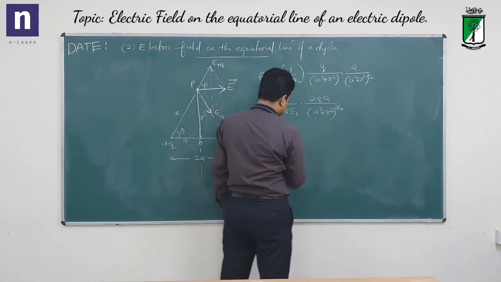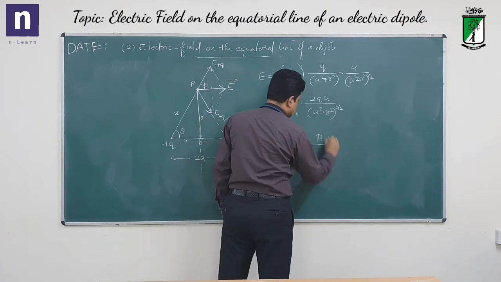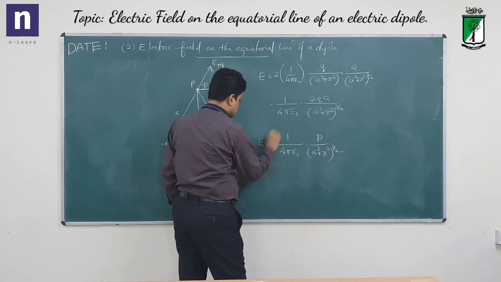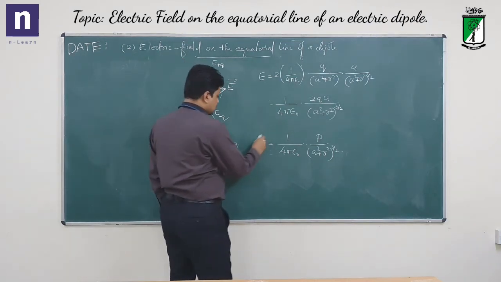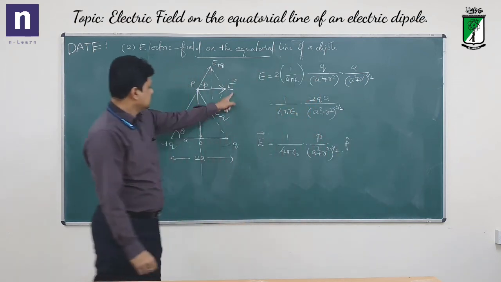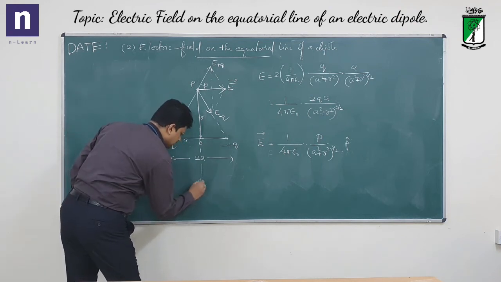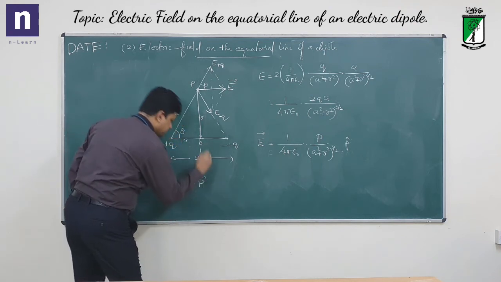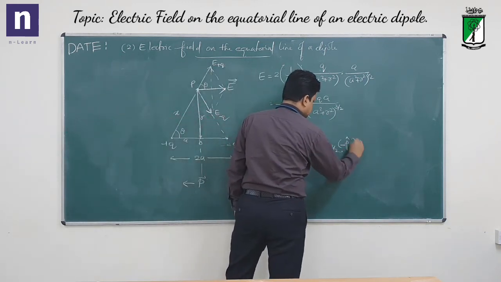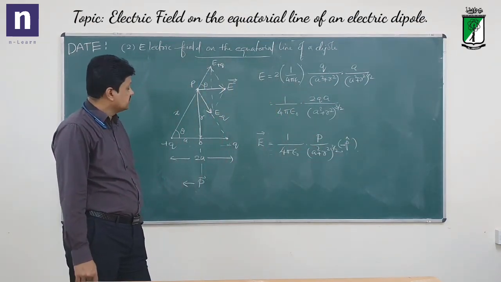Or I can say 2qa is nothing but p, so E is p divided by a square plus r square whole power 3 by 2. The direction of E is from minus q to plus q, you know, the dipole moment is from minus q to plus q, whereas the electric field is opposite to that, therefore I'll put here minus p. So this is the electric field at a point on the equatorial line of a dipole.